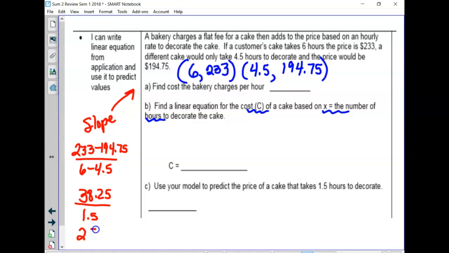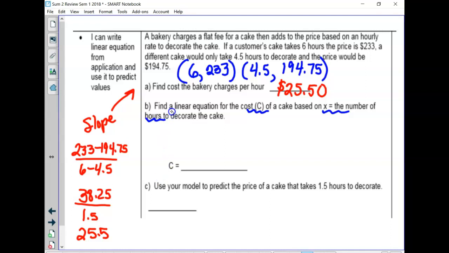Is that what you said? Okay, so it's $25.50 an hour. Did someone else get that to decorate a cake? Oh, they charge a fortune, some of those places. You think all those cake people on TV don't get good money?